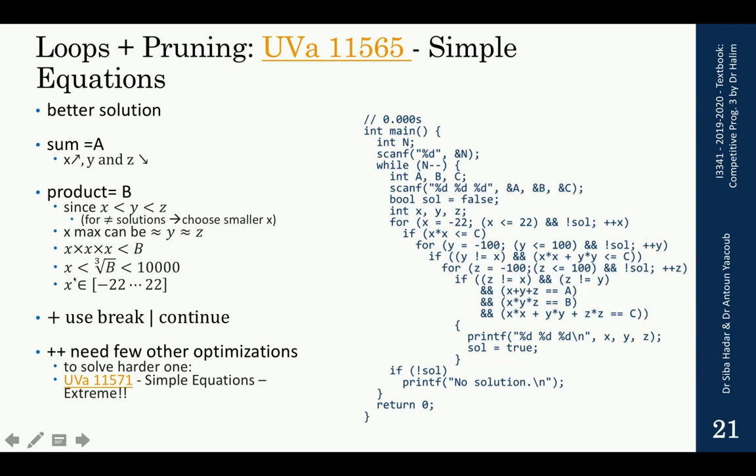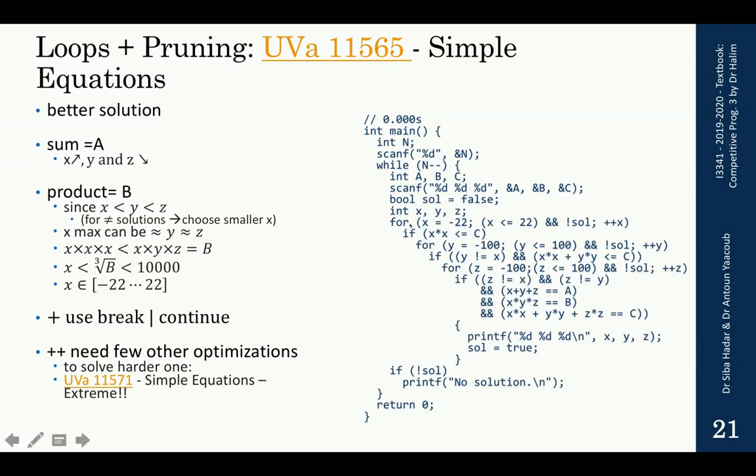And we can conclude that x is less than the cube root of b, where b is at best equal to 10k. So x is in the interval of minus 22 to 22, because the cube root of b is 21 point something and x is an integer. And I have now x going from minus 22 to 22.